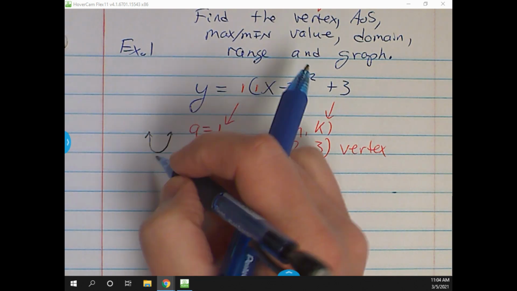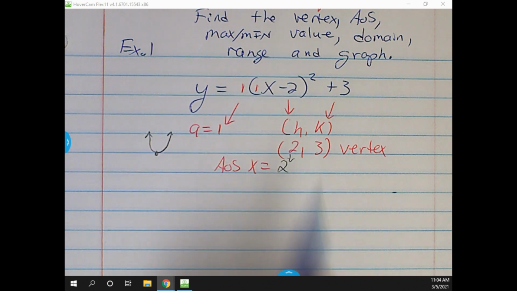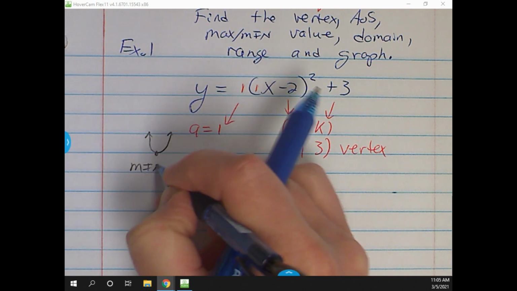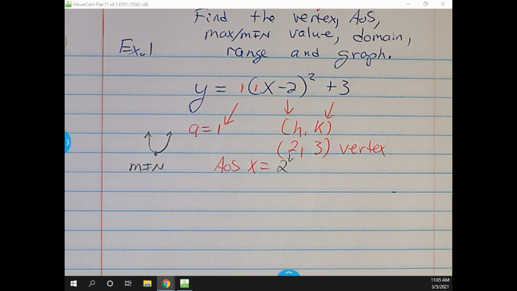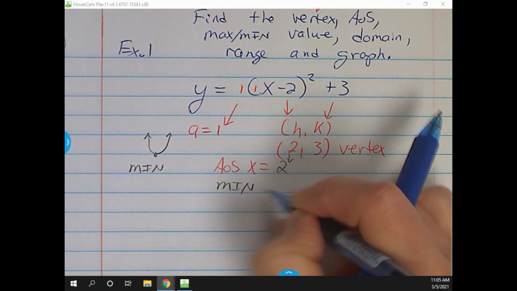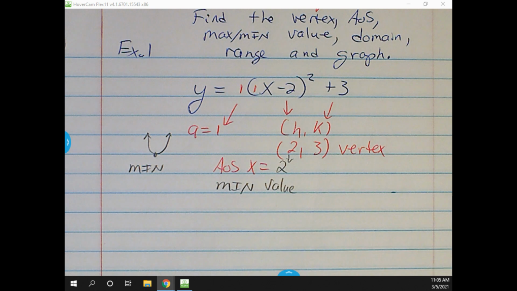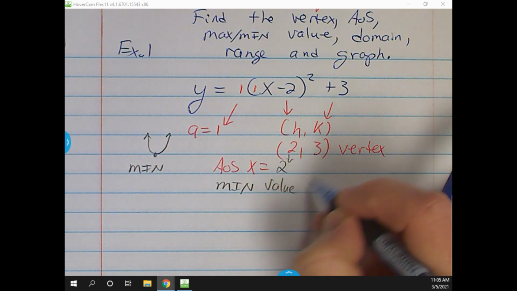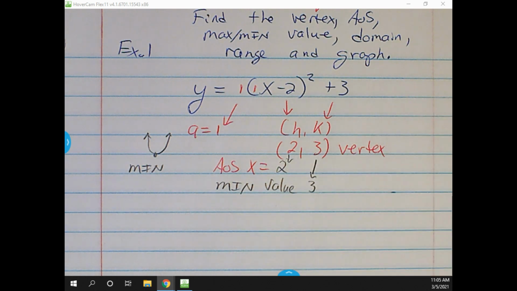From that, we know the vertex is going to be at the bottom, which means this has to be a minimum. So now we know whether it's a max or a min, and to get the minimum value, it's the y number. So the minimum value would be 3.